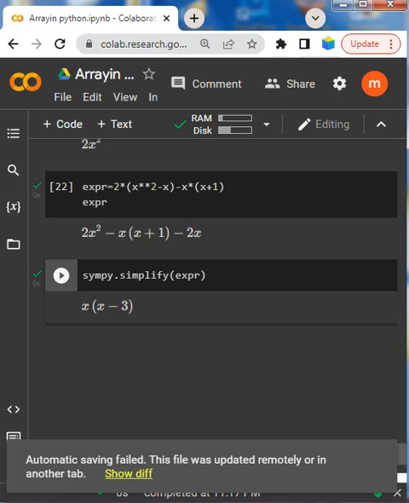Mathematicians can also write some trigonometric functions. I try to express here expanding the product, cancelling a term, and factorizing expressions. Generally sympy dot simplify will attempt a variety of different strategies.